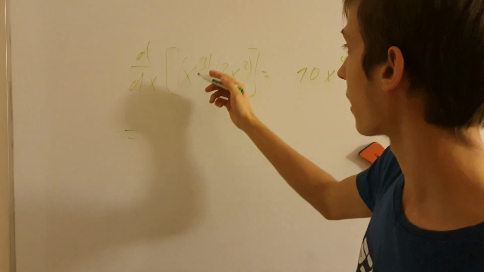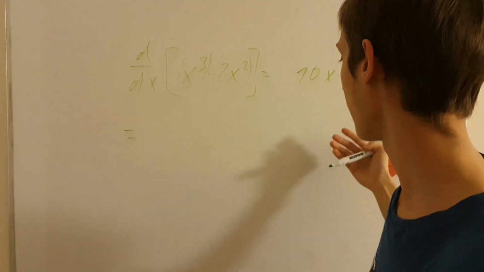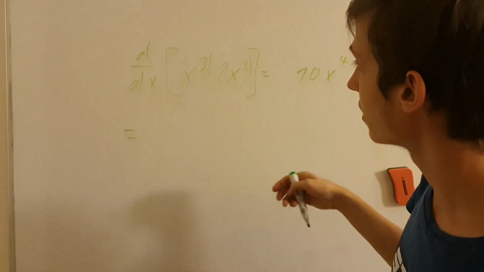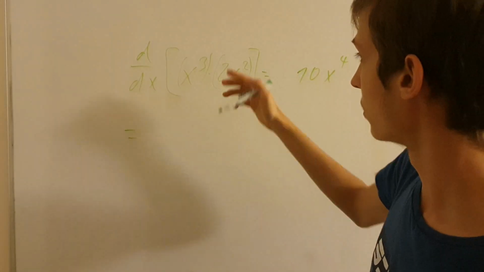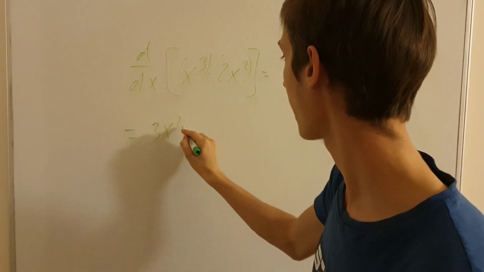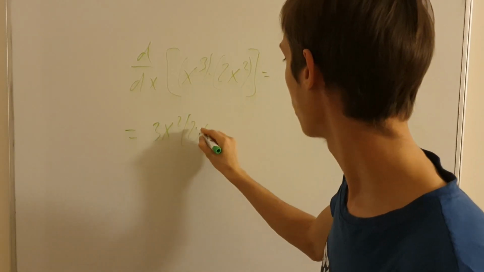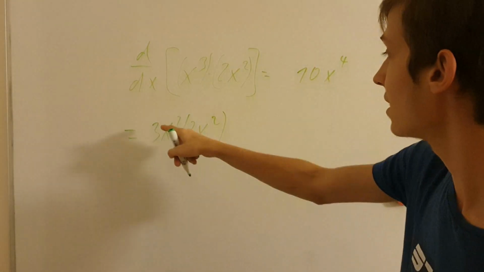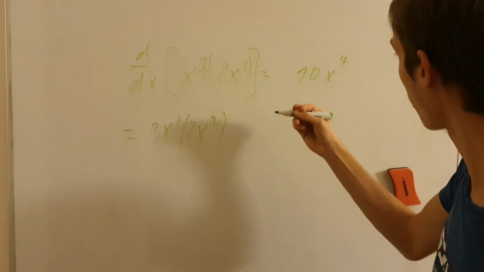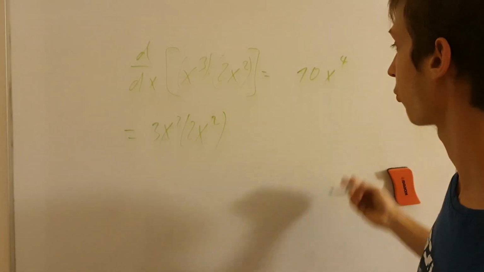So again, I can write it out in that longer way and use a systematic way to get to the same result. Deriving the first one will be 3x squared, and leaving the second one as it was is 2x squared. So I already see this will be giving me 6x to the fourth, so I only need 4x to the fourth left.